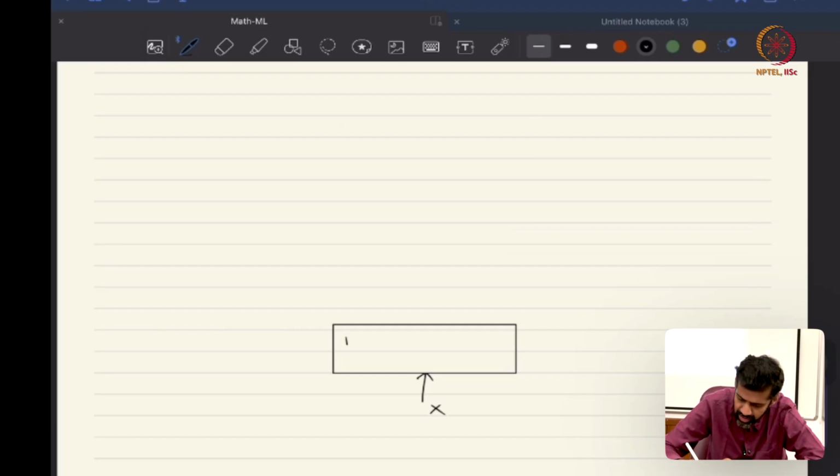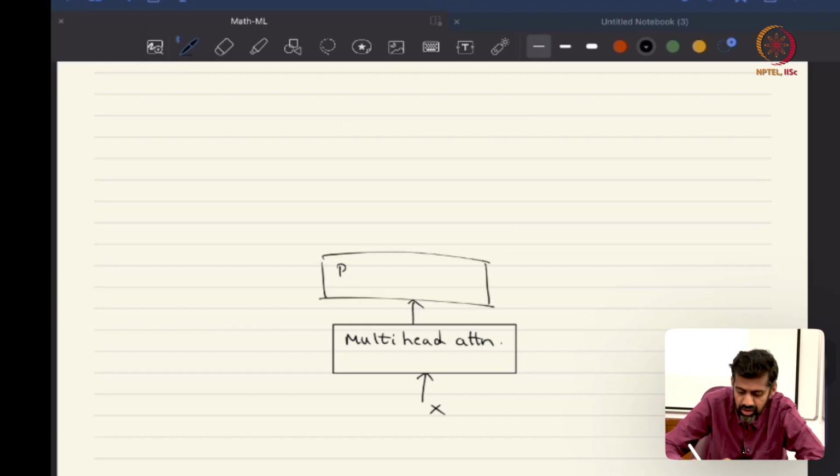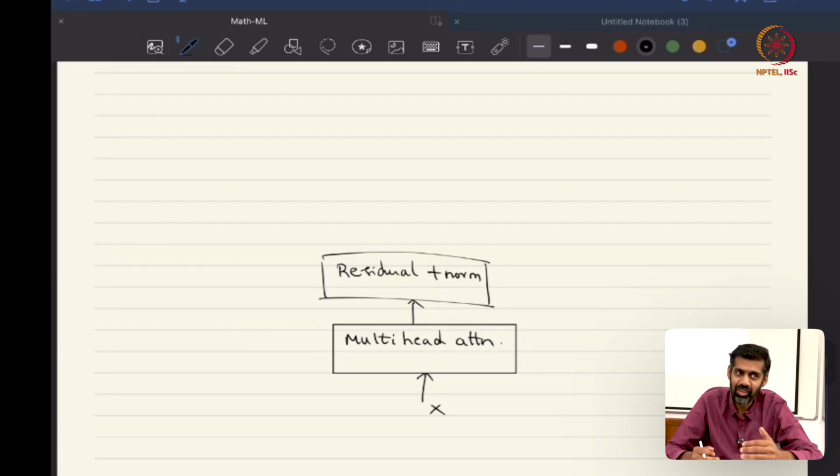You have a multi-head attention here. Then we have a residual plus normalization block. What is a residual layer? I have already told you, that skip connection, that identity learning, is what is called the residual layer. So you have a residual connection and a normalization on top of it.